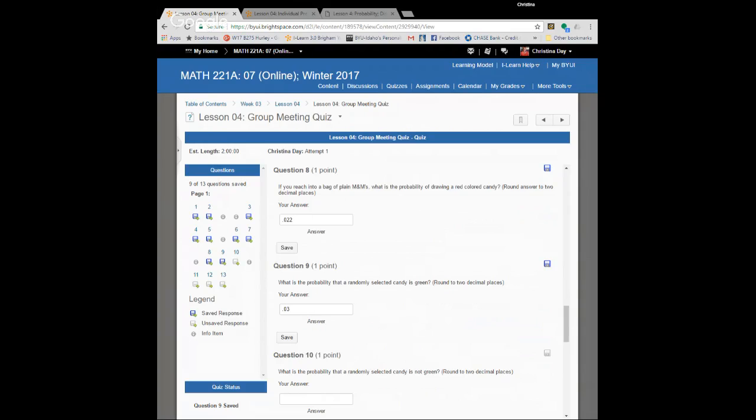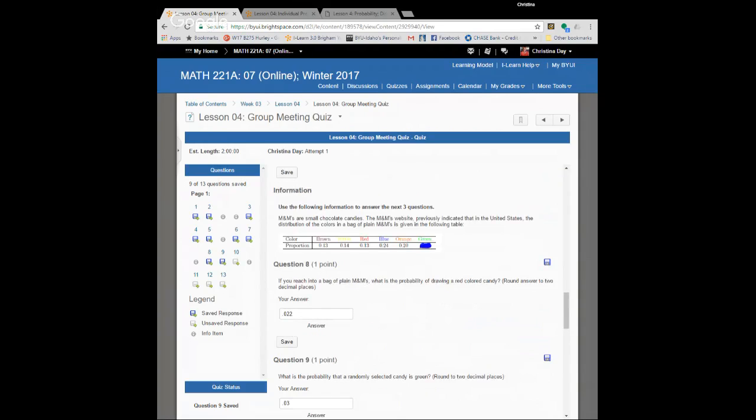Yeah, but it says, what is the probability the randomly selected candy is green? I actually still think it's just the 0.16. Yeah, because the probability of rolling a dice number is 1 in 8 or 1 in 6. Oh, so hold on a second. I think those are proportions of what it is.